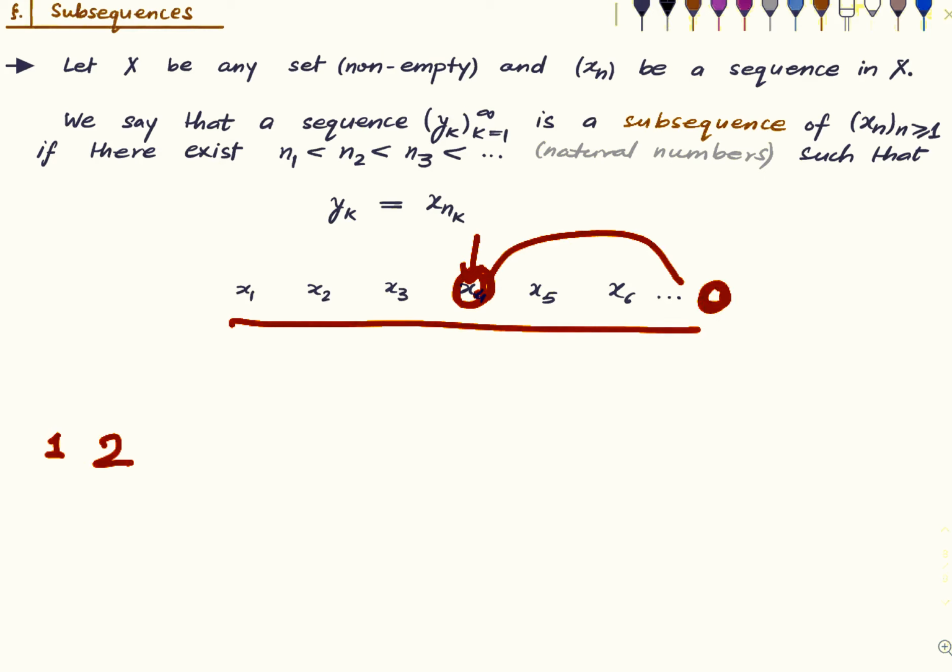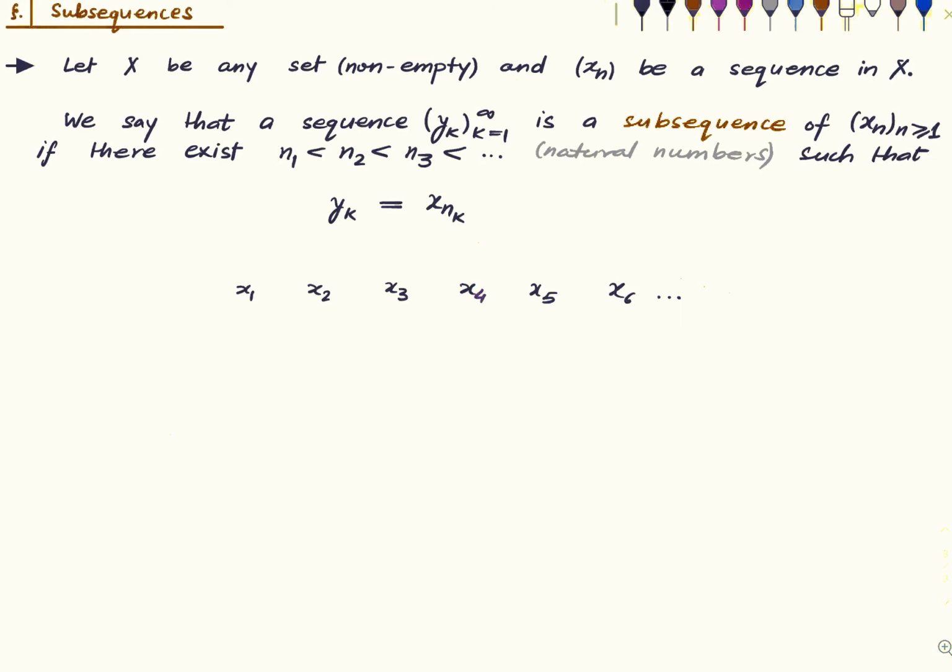You select that. Then 3, you select some guy that comes yet after that. So this way you will be selecting out a subsequence of the given sequence, right? You are throwing away some of them, but selecting the others, and you are maintaining the order. So that is what a subsequence is.